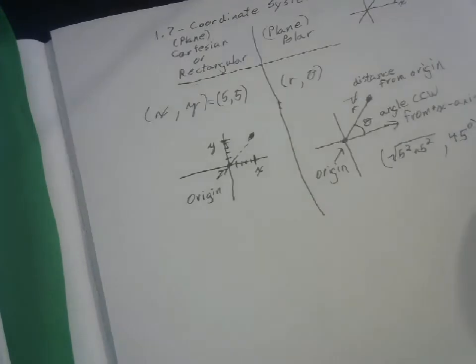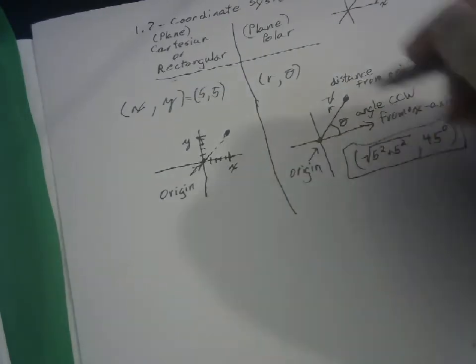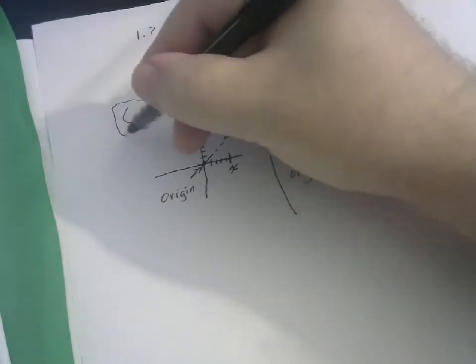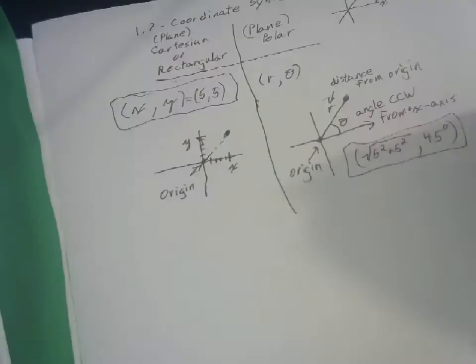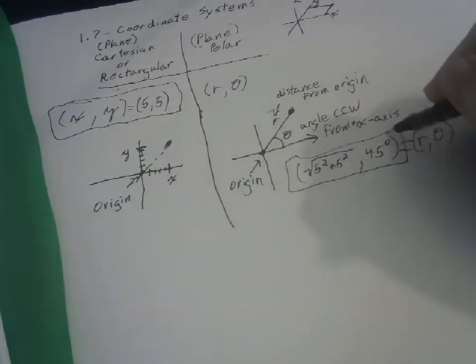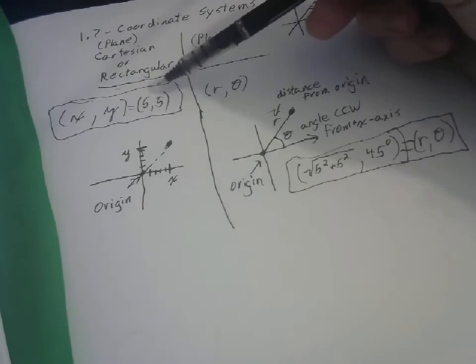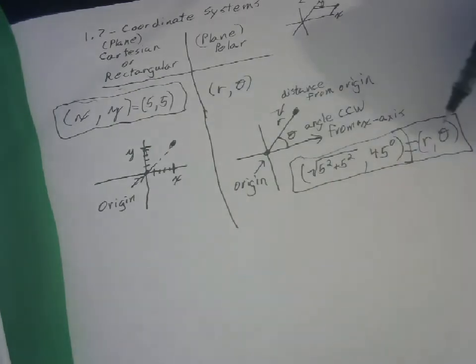So this equals r comma theta. Those are the same point, but this is the point in Cartesian coordinates, and this is the point in polar coordinates.